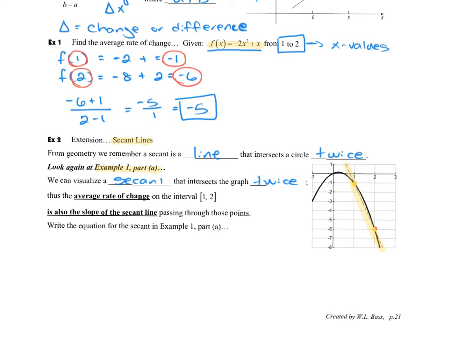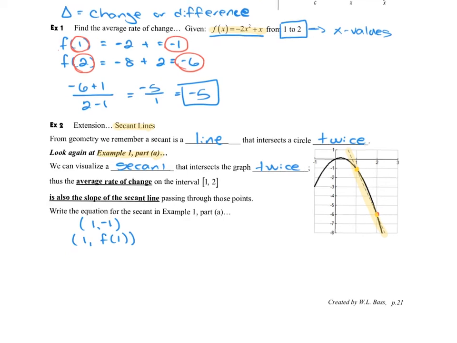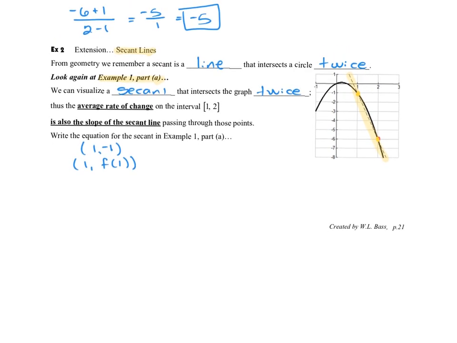Now, what we're going to do here, furthermore, is write an equation for that line. We can think of our ordered pair as this (1, -1), but what we're going to begin to see more is that they're going to typically write it in this notation, 1, f of 1, which we of course know that f of 1 is negative 1 as we calculated it earlier. I can write the equation of a line with that ordered pair by using point slope form.